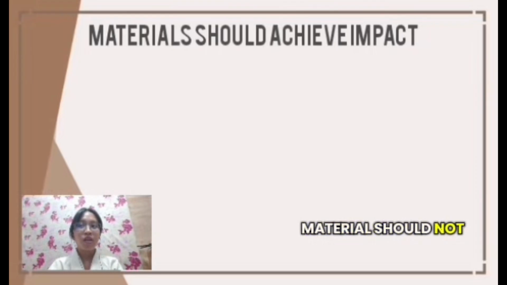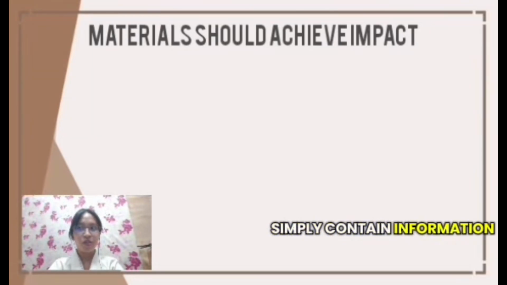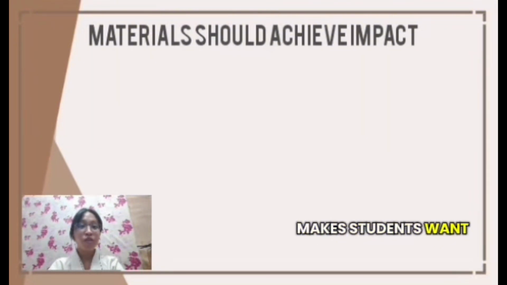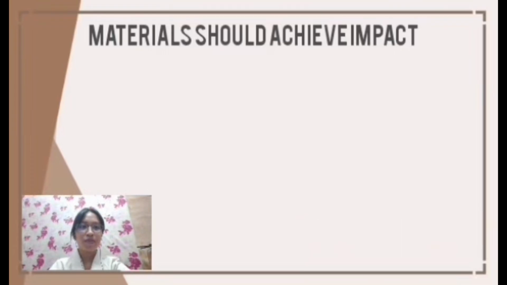Materials should not simply contain information or exercises. They should create an experience that makes students want to participate and learn.